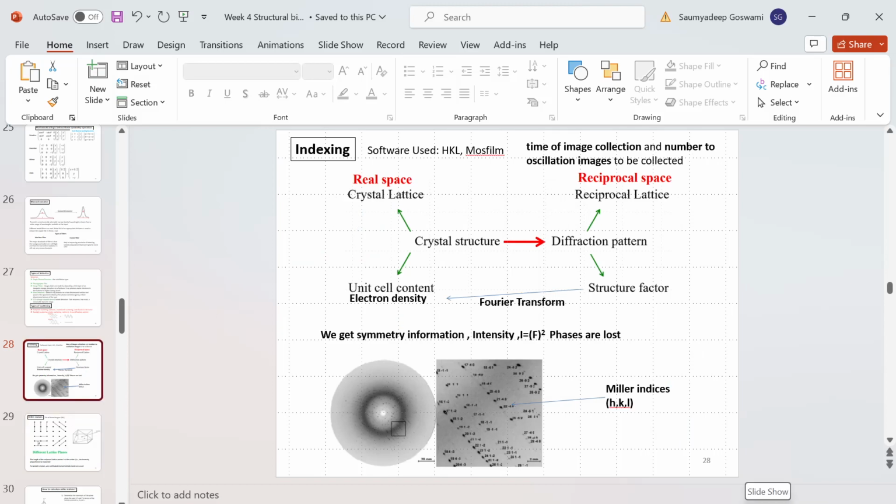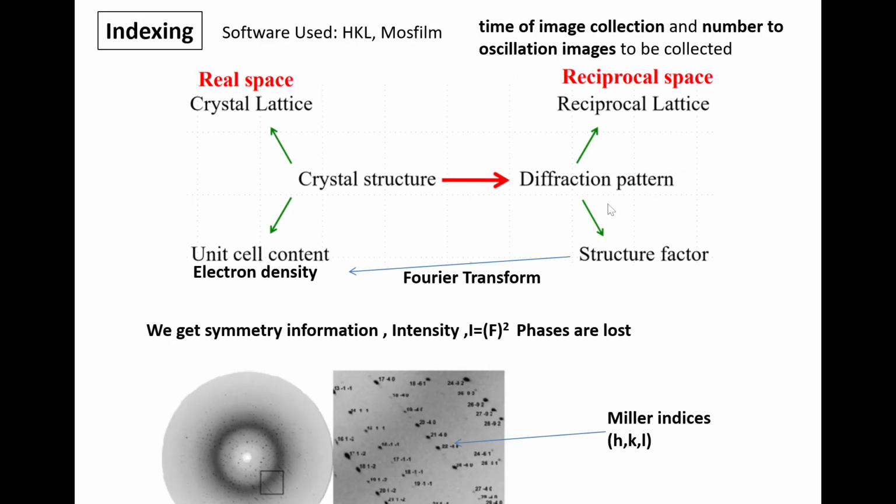Just like the basis vectors A, B, C define your crystal in real space, you need some coordinates to define any object in reciprocal space, and you know that your diffraction pattern is in reciprocal space, right? To get information out of it, you need a certain coordinate system, and that is given by your Miller indices.